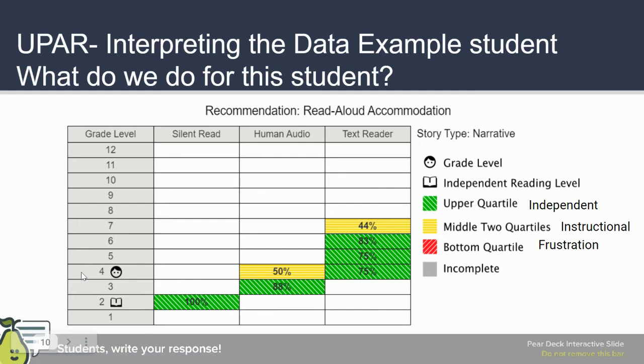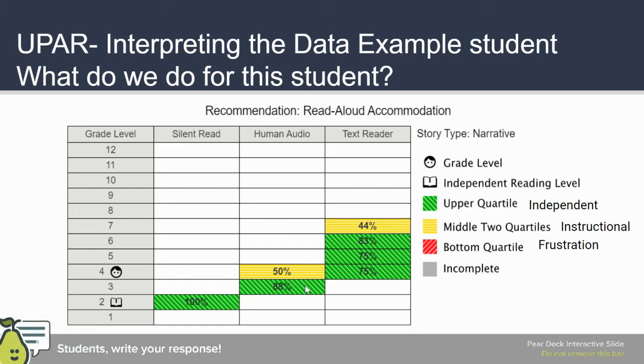Okay, this is how your student report pops up individually. So this student is a 4th grader. Their reading level is at 2nd grade. So it shows 2nd grade, in that upper quartile, they can independently comprehend at that 2nd grade level.